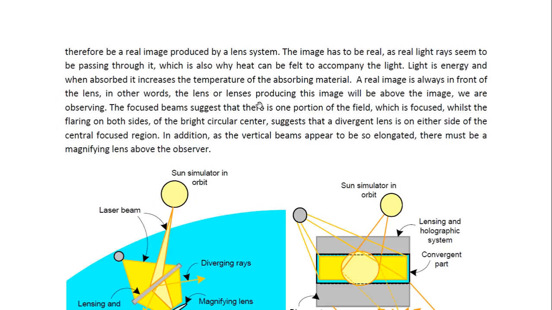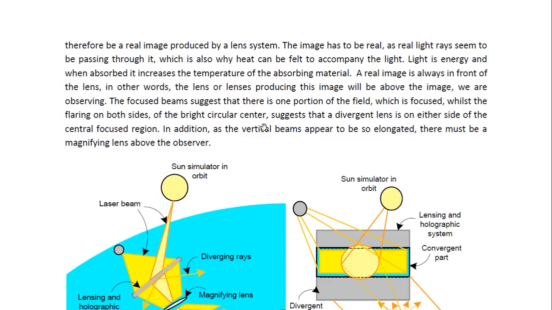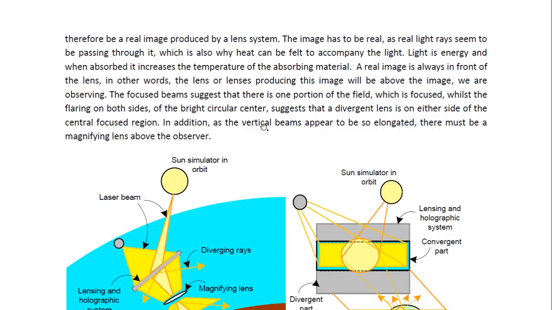The image has to be real, as real light rays seem to be passing through it, which is also why heat can be felt to accompany the light. Light is energy, and when absorbed, it increases the temperature of the absorbing material. A real image is always in front of the lens. In other words, the lens or lenses producing this image will be above the image we are observing.